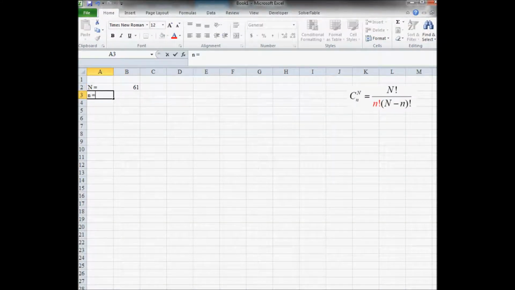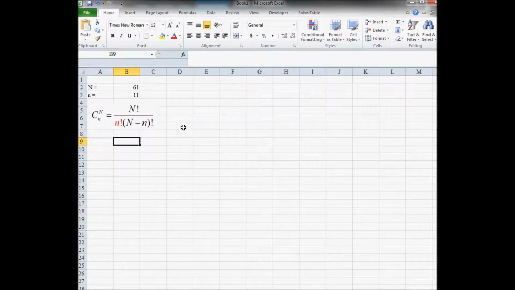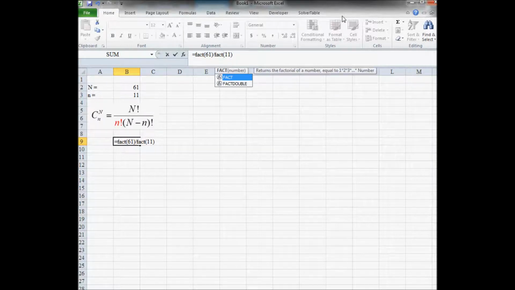The sample sizes are all 11. So if we apply this equation here, we write equal, fact 61, divided by fact 11.